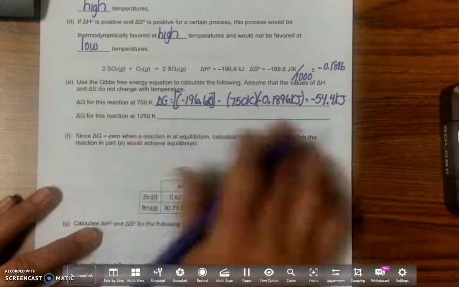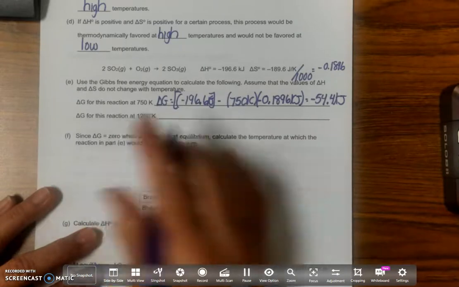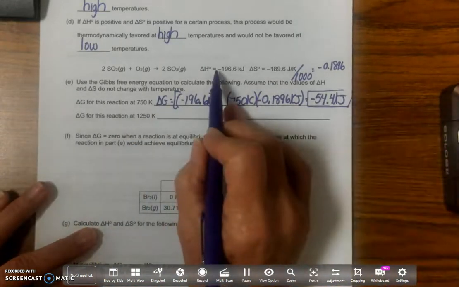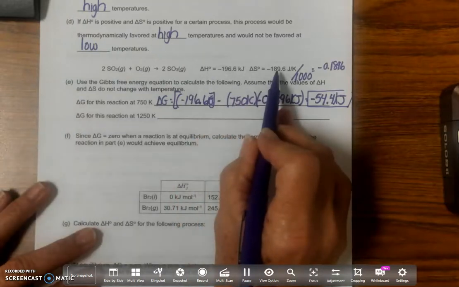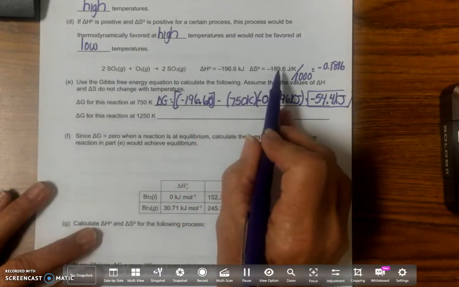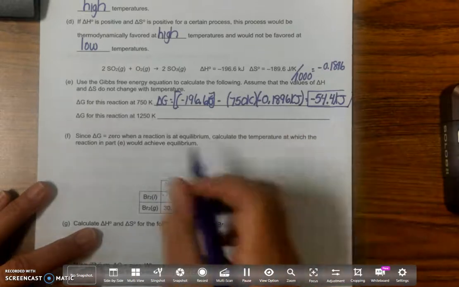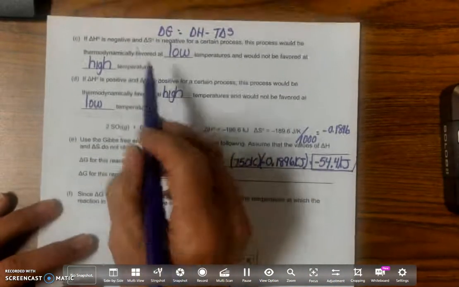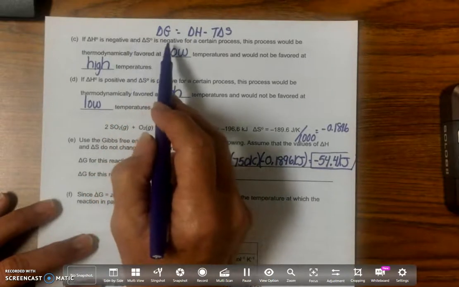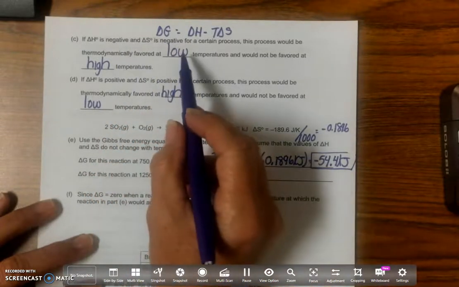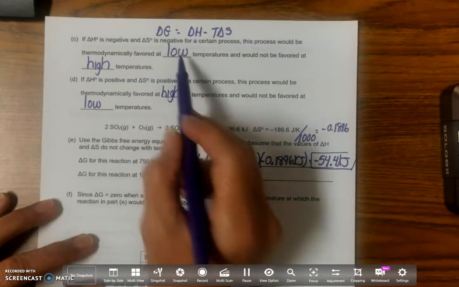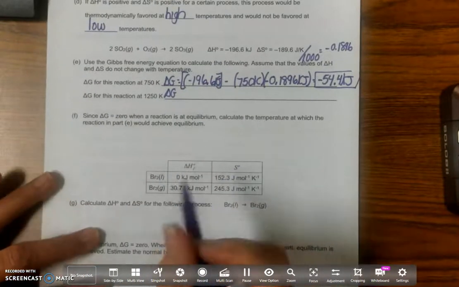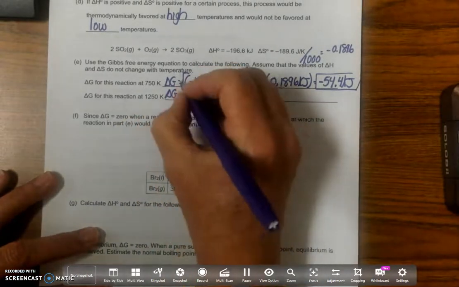Now, let's look at a slightly higher temperature. Well, not just slightly, a very much higher temperature, because this is energetically favored and this is not. So when I'm at this temperature, I get a negative, but let's raise the temperature. Remember, we said that if delta H is negative and delta S is negative, which I have here, this is going to be favored at low temperature. So that's that temperature, it's favored. Let's see what happens if I raise the temperature.